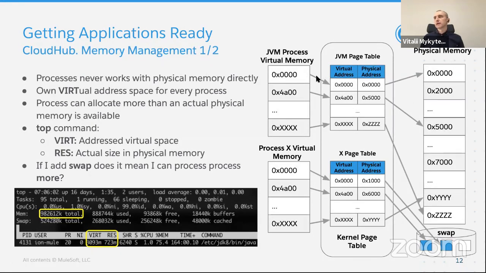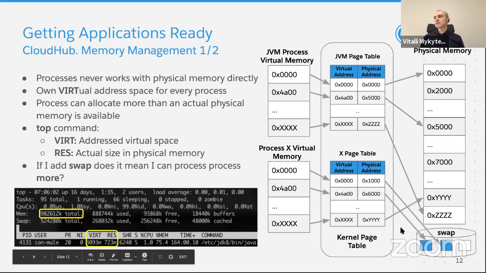For example, as you can see, memory pages which are aligned in the JVM process are actually stored at different locations in physical memory. The same goes for process X, for example. And here is the mapping.